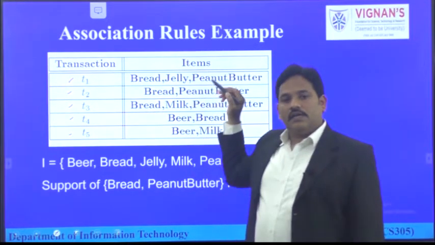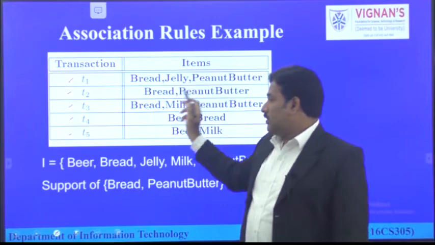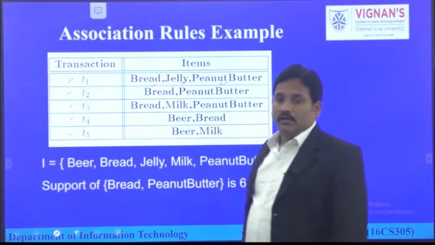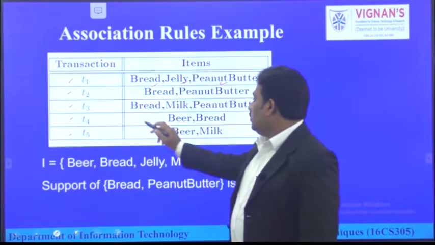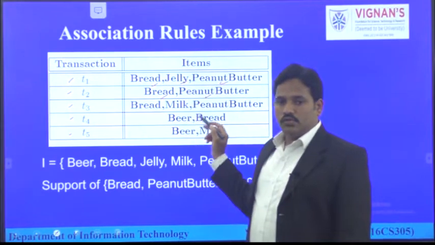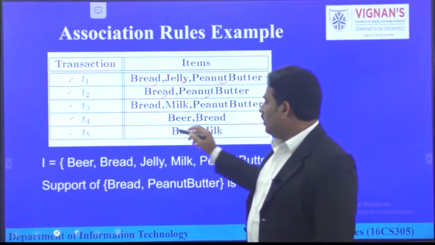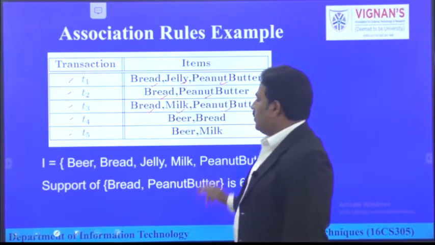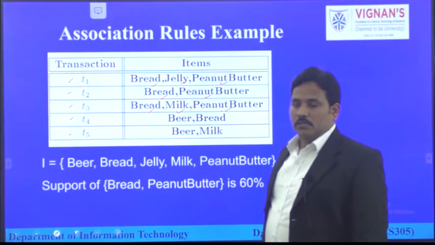That means let us assume there are 5 customers. Customer 1 has purchased bread, jelly, peanut butter in transaction 1. And customer 2 purchased bread, peanut butter, only 2 items. And the third customer has purchased bread, milk, peanut butter, 3 items based on the customer's interest.